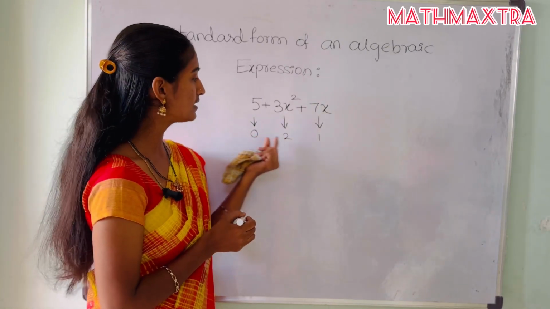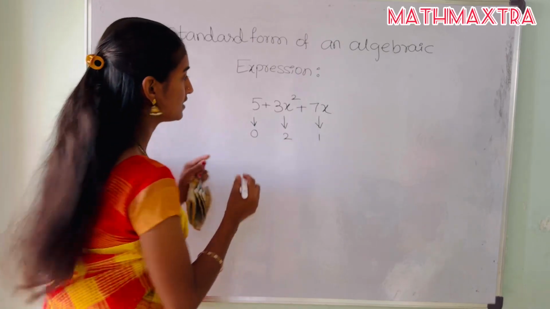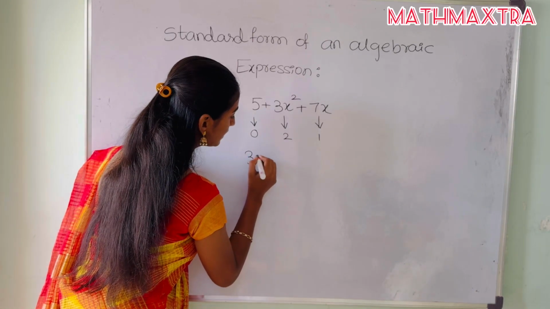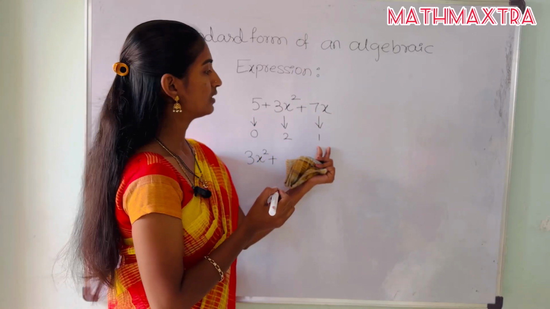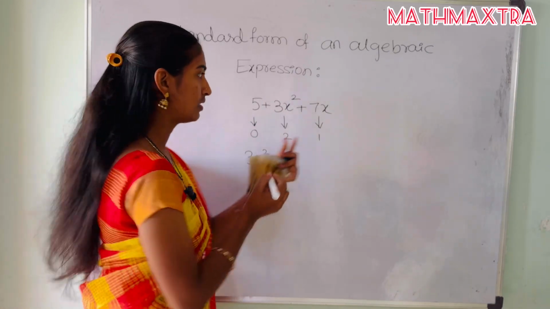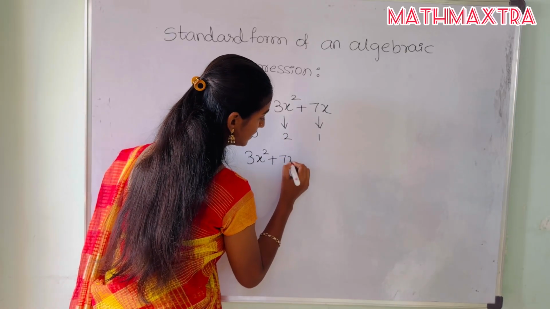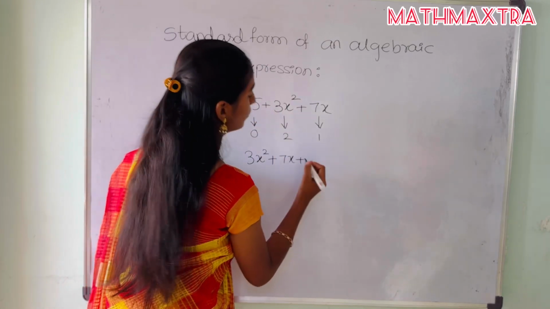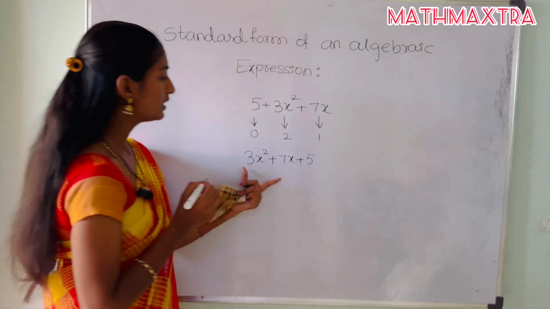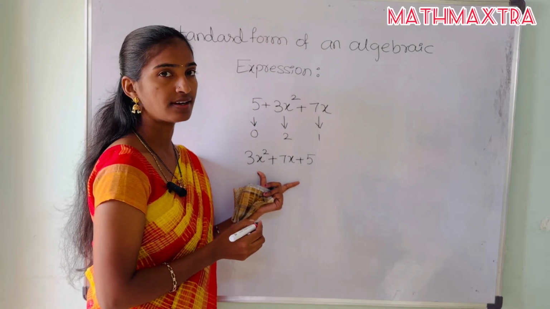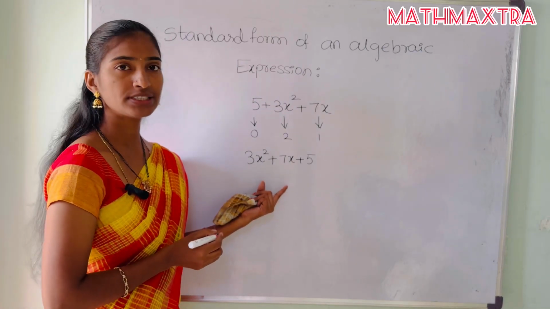So what is the highest number in this? 2 is the highest number. So you write the 3x square term first. Then 1 is the next highest. Okay. Write the 7x term. Next 0. So the remaining term is 5. So now this expression is in standard form. So what is the standard form?